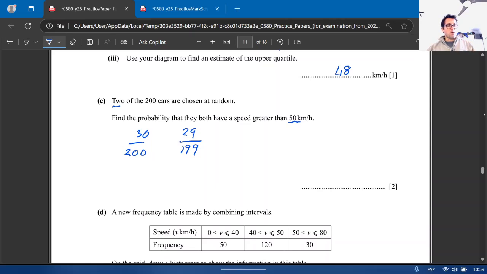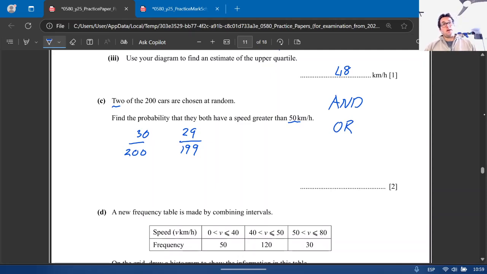Next thing we decide, what are we going to do? We're going to add or multiply, because we're not going to subtract or divide. So that's where the probability rules come in. The AND rule and the OR rule. Remember this.